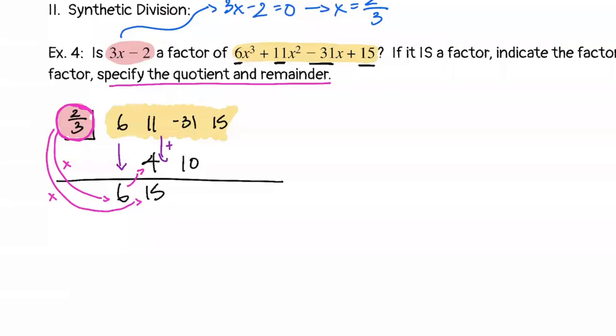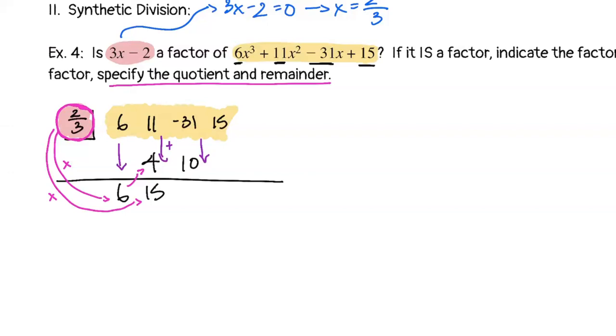All right. What operation do we do to combine the -31 and the 10? That would be not quite correct. That is the other option, okay?